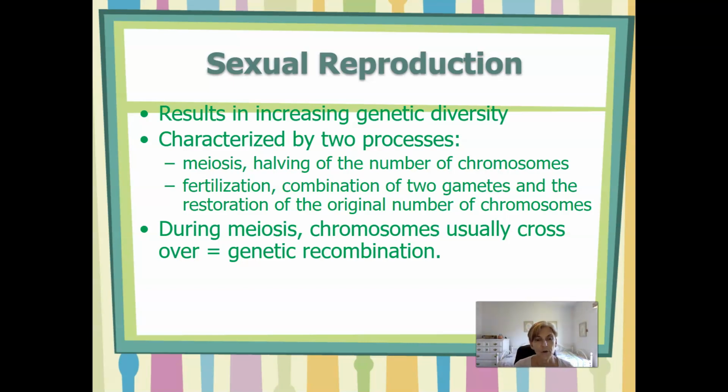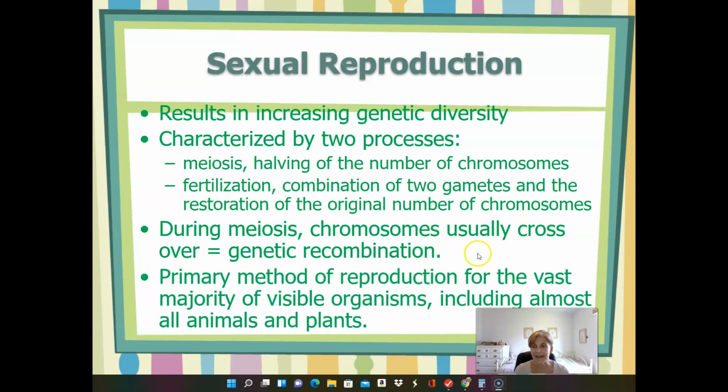That's called crossing over, which increases more diversity, creating more genetic recombination. This is going to aid in the creation of new traits. It's the primary method of reproduction for the more complex organisms, those that you can see with the naked eye. So almost all plants and animals will reproduce sexually.